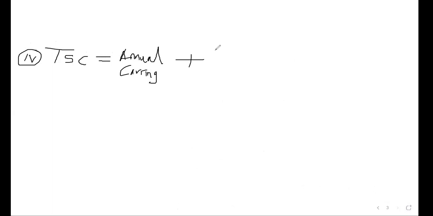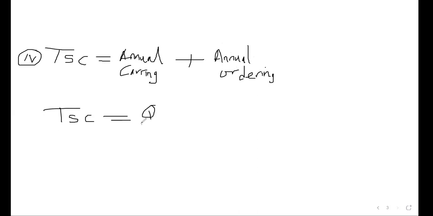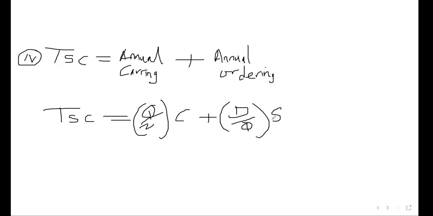So our total stocking cost is going to be the annual carrying, Q over 2, then by C, plus the annual ordering, D over Q, then by S.